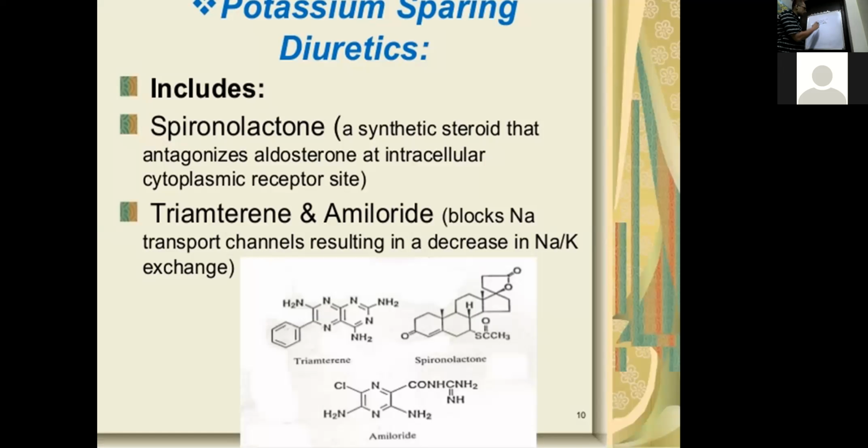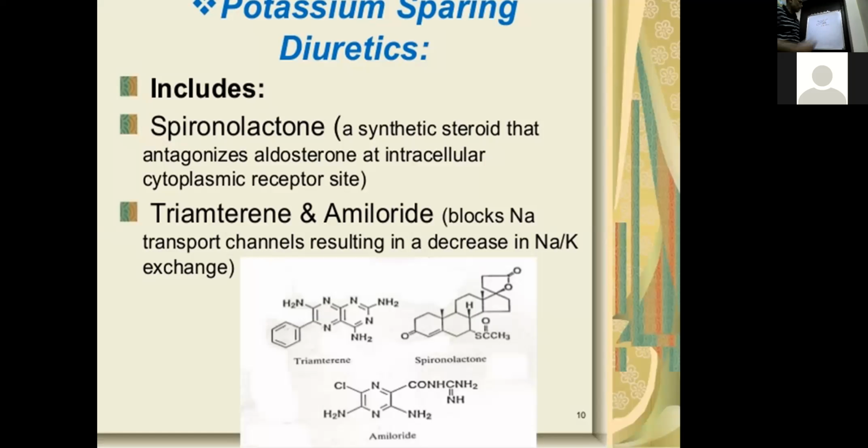Let's start with the naming. It is a pyrazino-pyrimidine type of derivative, and this is your basic ring. If you start the numbering 1, 2, 3, 4, 5, 6, 7, 8, at 2, 4 and 8 there is an amino group.